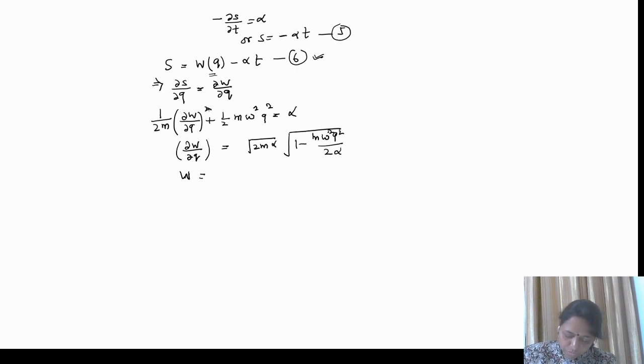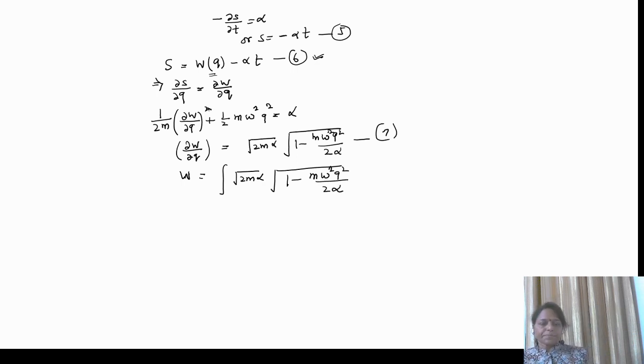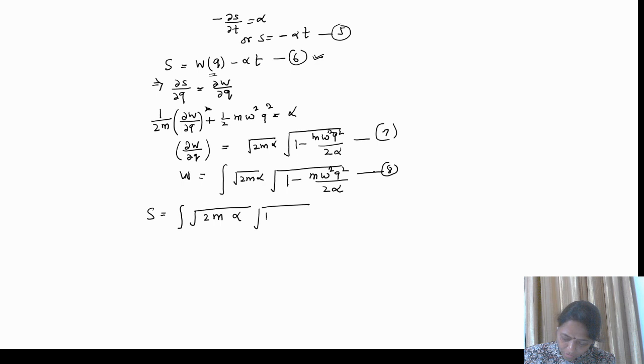So W is equal to the integral of root 2m alpha times square root of 1 minus m omega squared q squared upon 2 alpha. Right? So this is your W. So you get your S. Use in 6 and get S. S is equal to the integral of root 2m alpha times square root of 1 minus m omega squared q squared upon 2 alpha, minus alpha t. This is your S.